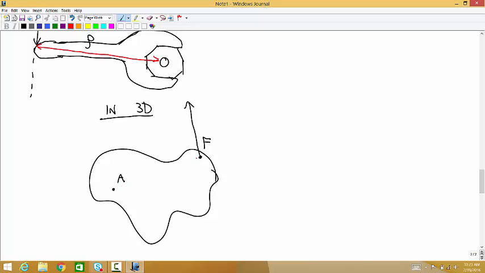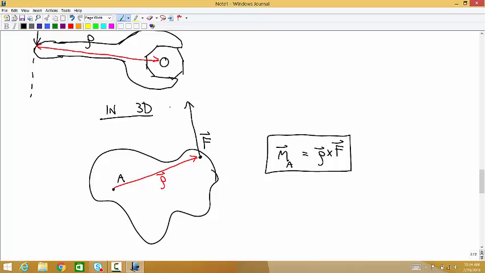Then define a vector rho that goes from A to F. You could do all the geometry, all the trigonometry to figure out a perpendicular distance, but the cross product will do it for you. So let's just do that. We'll call this vector rho. We'll call this vector F, the force vector. And then the moment about A produced by F is equal to rho cross F. Okay, so that's the definition. It works in 2D, 3D. It's the only definition you need.